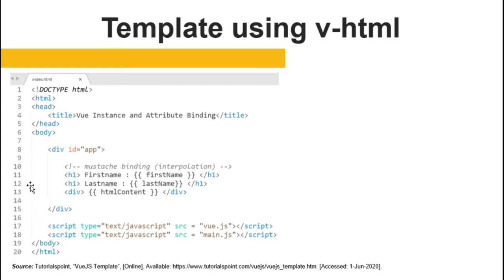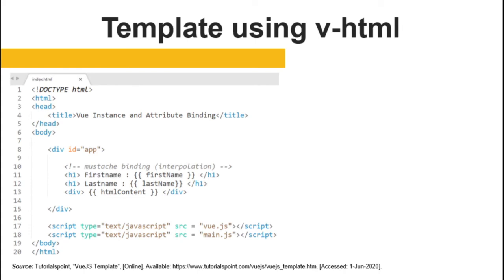So we have two H1s and a single div inside our root element, which is the app. Okay, we are displaying first name and last name as the label, and since we are using mustache binding or interpolation, it means first name, last name, and HTML content are defined inside our Vue instance.